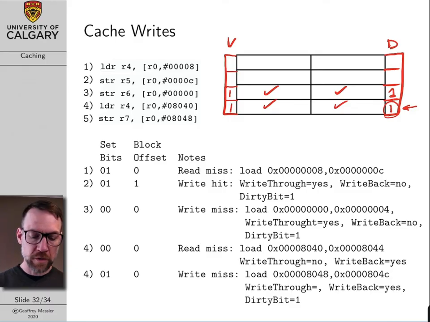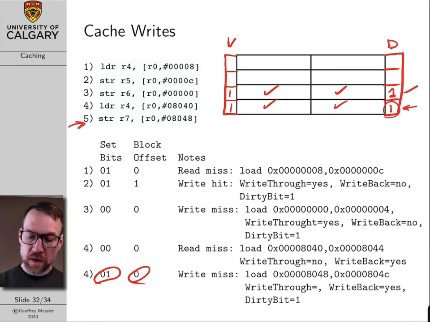Okay, so our final command, this last store word command, is going to cause a whole bunch of things to happen. This last store word command wants to take the value in register T4 and copy it into the address 8048. Address 8048 corresponds to set 1, block offset 0.